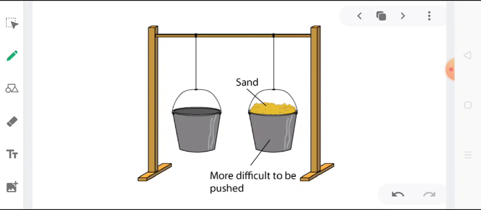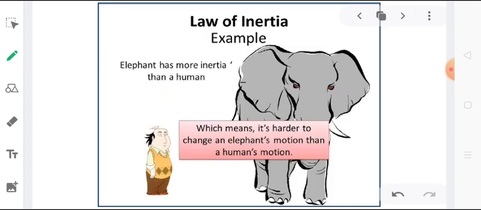So why is it so? Obviously, the mass of the bucket containing sand is more. So the tendency or the property that I was talking about, which is opposing any change, resisting any change in the state of the object, is called inertia, and it depends upon mass.